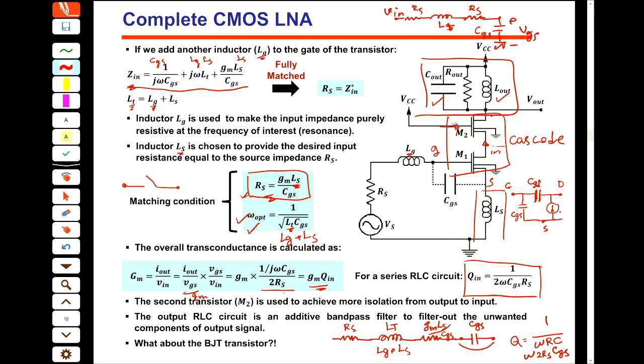What is the working region of this one? Is it in saturation? In triode? In linear? In cutoff? Because VGS minus V threshold is higher than VDS, it is in saturation region.